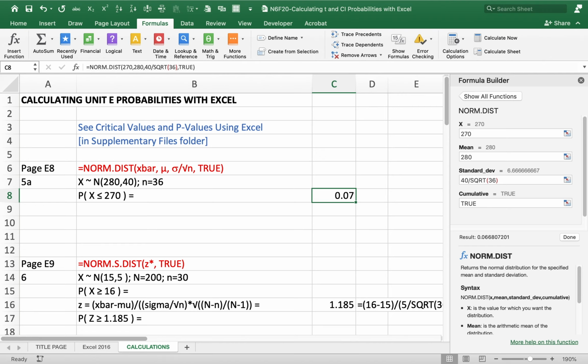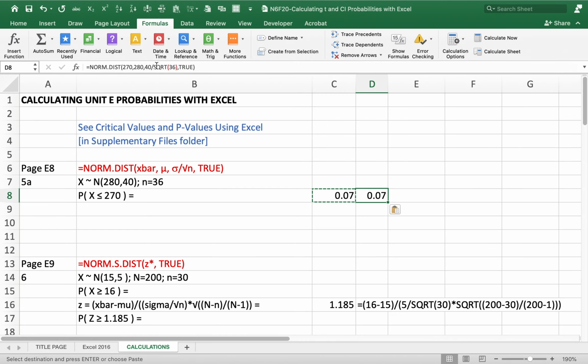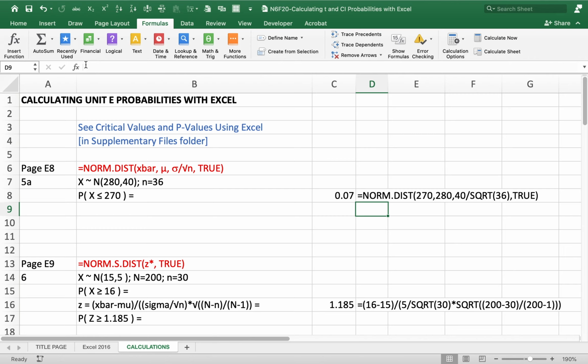I'm going to copy that, put it over here, and put an apostrophe there so you can see the formula. So again, take a look at this formula here. It's a norm.dist. A dist function is used when you're looking for a probability as an answer. It's got as its arguments the x value, the mu, and then sigma over the root of n, 40 divided by the square root of 36, and then always true as the last argument.